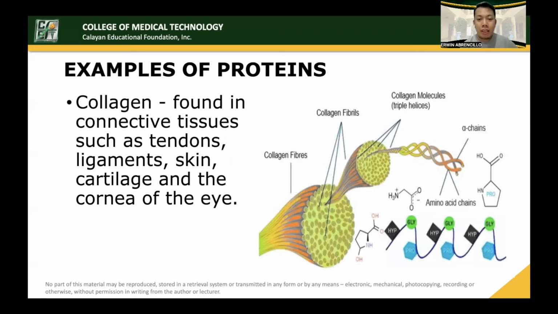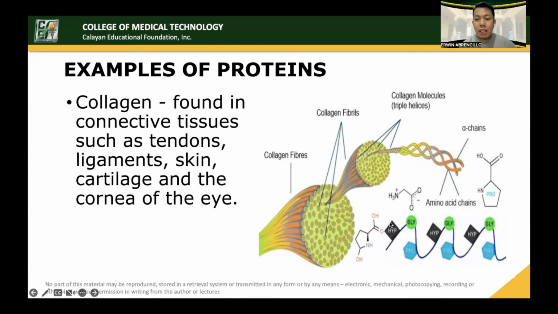You have here collagen fibers, collagen fibrils, then collagen molecules, and then the amino acid chain. So this is the alpha chain, and do not worry about some of the other terms, because this is just a glimpse of the biomolecules. Of course, when we go to these topics, we will discuss them in detail.